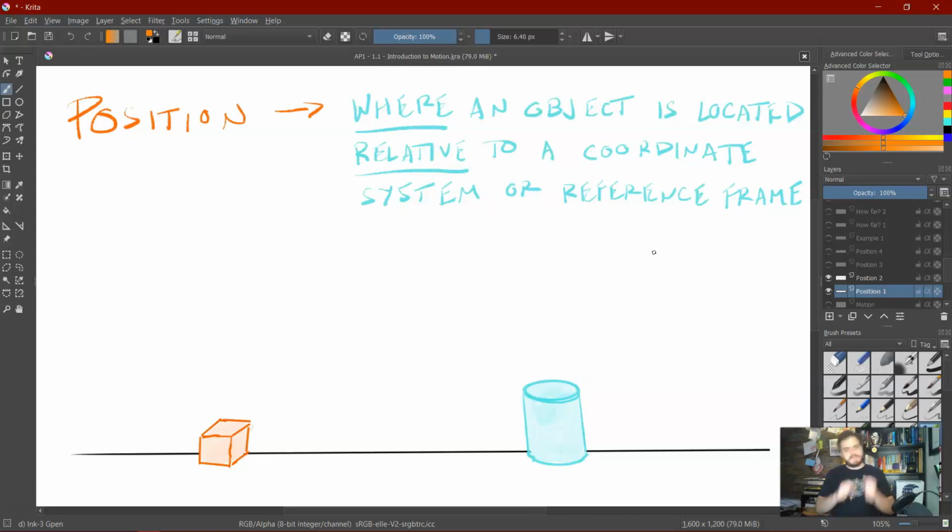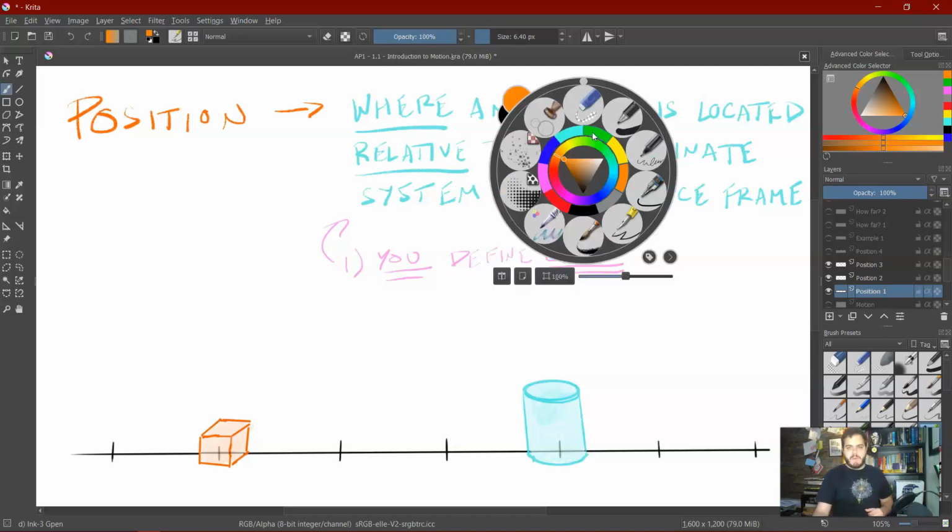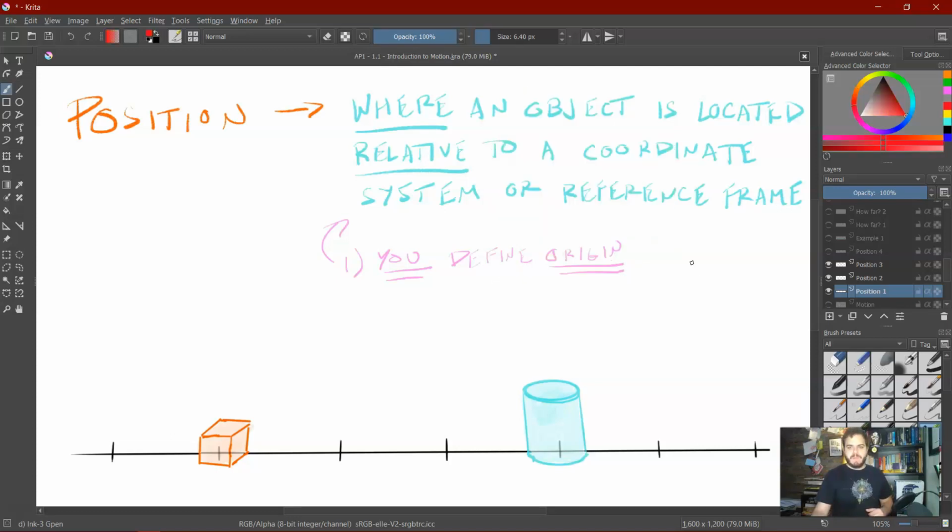So to do that, we need to establish a couple different things to formally define the position of an object. First off, we need to define an origin. Now keep in mind when we say origin, what we really mean is some sort of 0 point. We need to say that that is what we are referring to. We are picking a point that we're going to define everything around.